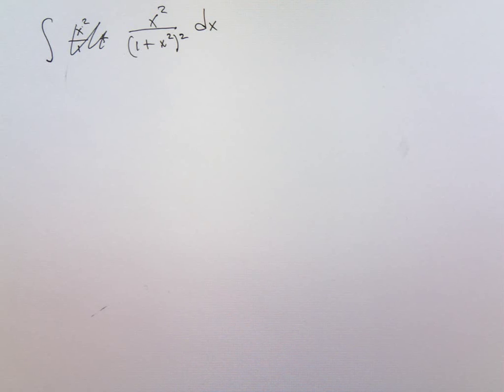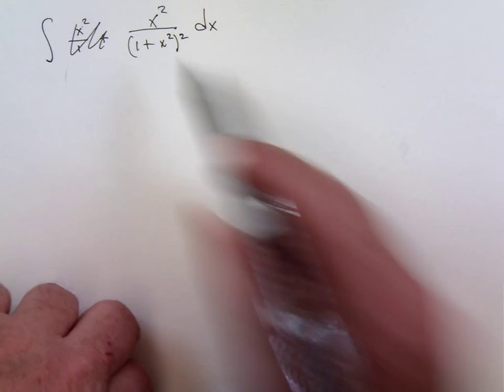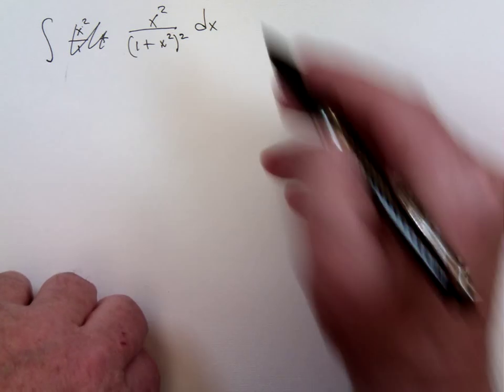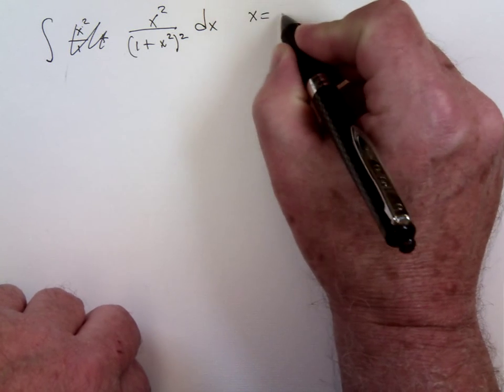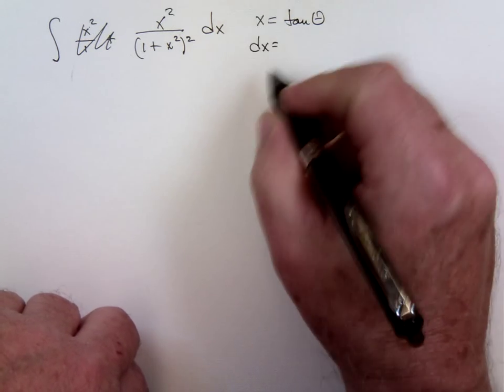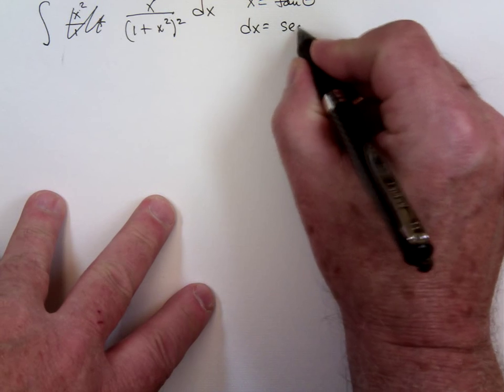It's a trig substitution problem. X equals tangent theta. You have a 1 plus x squared. It's an a squared plus u squared form. That x equals tangent theta, derivative tangent, secant squared.